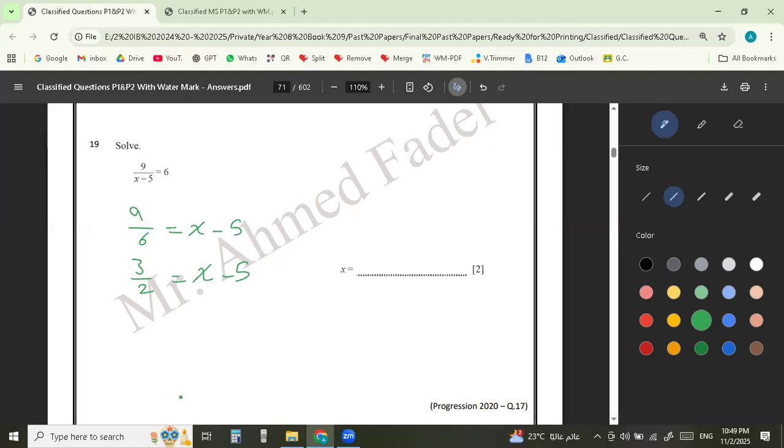Well, Mister, that's 1.5. So as if you're saying 1.5 equals x minus 5. I'm going to send the minus 5 to the other side, positive 5. So 1.5 plus 5 equals x. X equals 6.5.